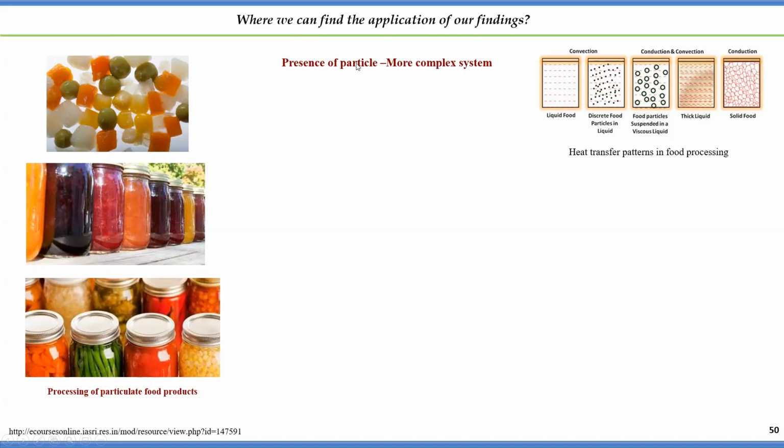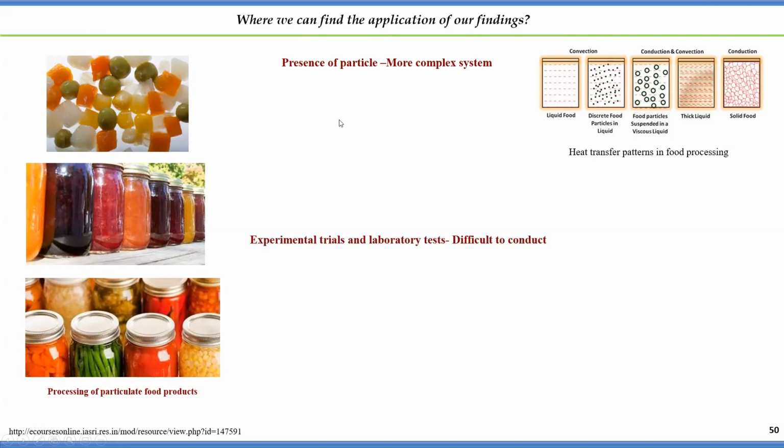The moment fluid and particles combine in the system, you see complex phenomena. During processing, they experience convection and conduction together, and depending on the shape and size of the material, they show different kinds of behavior.